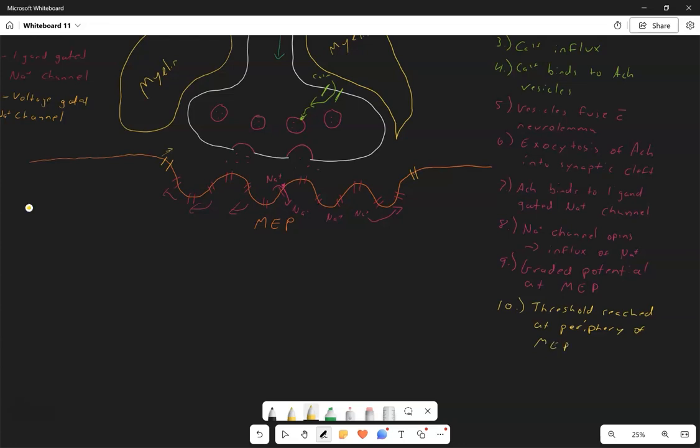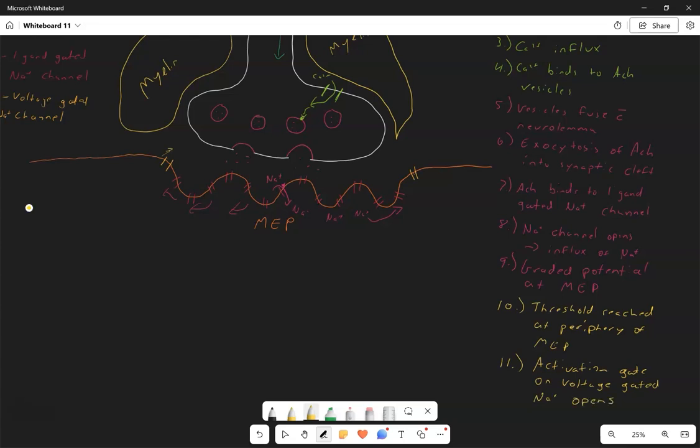And when that happens, we have these voltage-gated sodium channels. Remember, voltage-gated sodium channels have two doors. So our activation gate on the voltage-gated sodium channel opens.